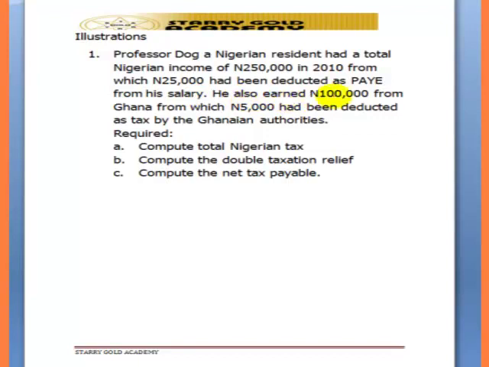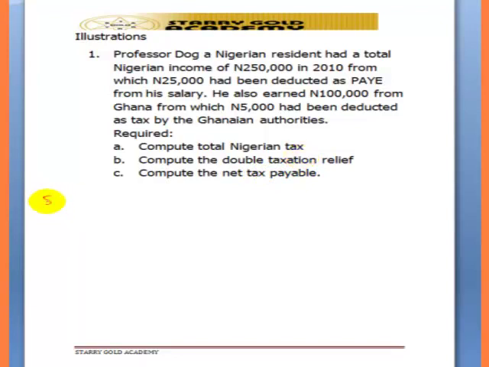He also earned 100,000 naira from Ghana, from which 5,000 had been deducted as tax by the Ghanaian authorities. You are required to compute the total Nigerian tax, the double taxation relief, and compute the net tax payable.